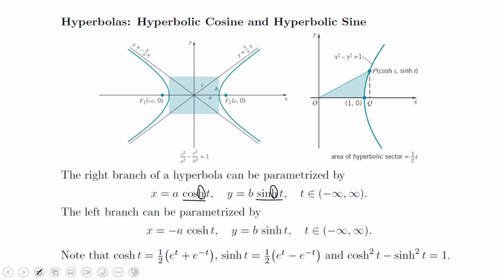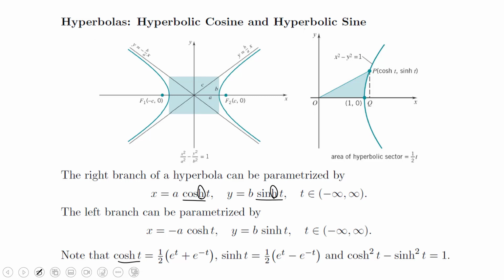This hyperbolic cosine, you know, cosh t is equal to what? Half of the sum of e to the t plus e to the minus t, right? And sinh is half of the difference between e to the power t and e to the minus t.